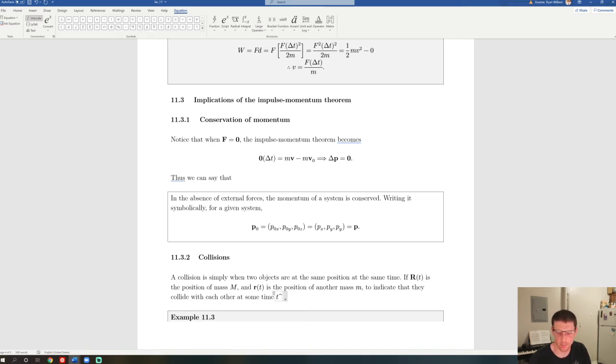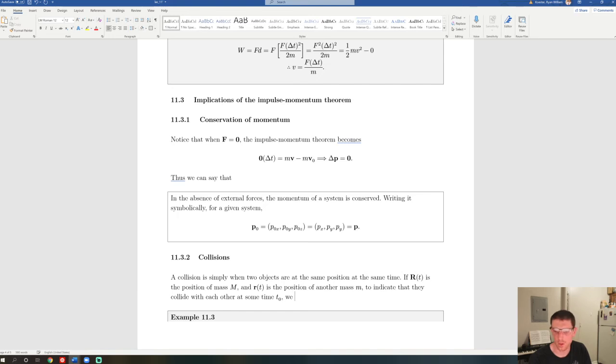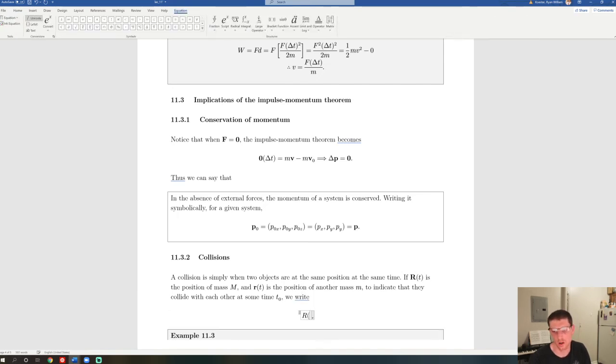Actually, I really don't like that because that makes it seem like the complex conjugate of t. Okay, so let's call it t naught. We write R of t naught equals r of t naught. And there you go, we have a collision.